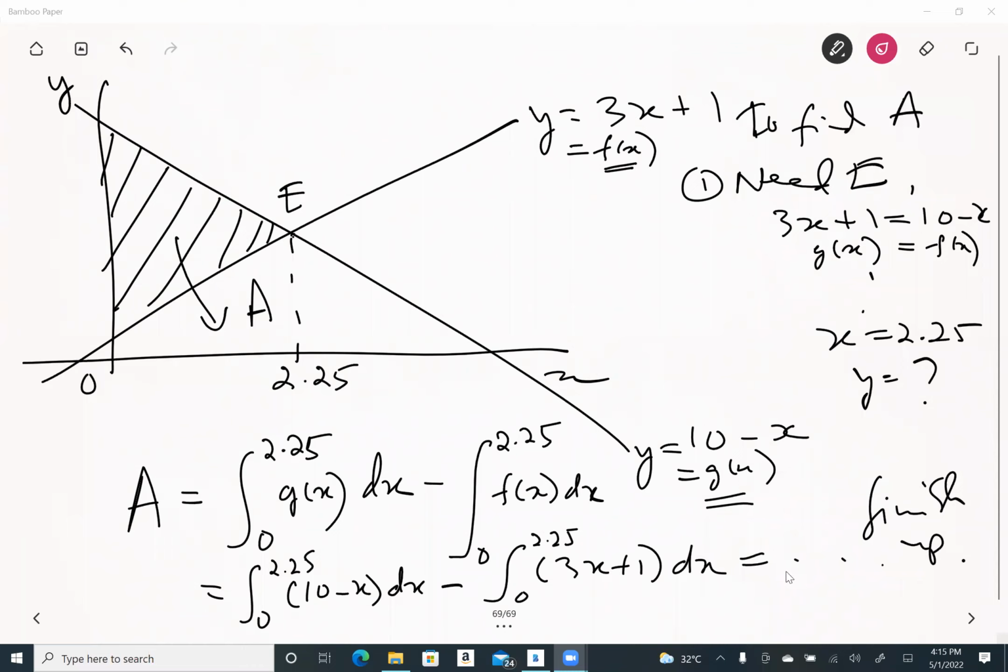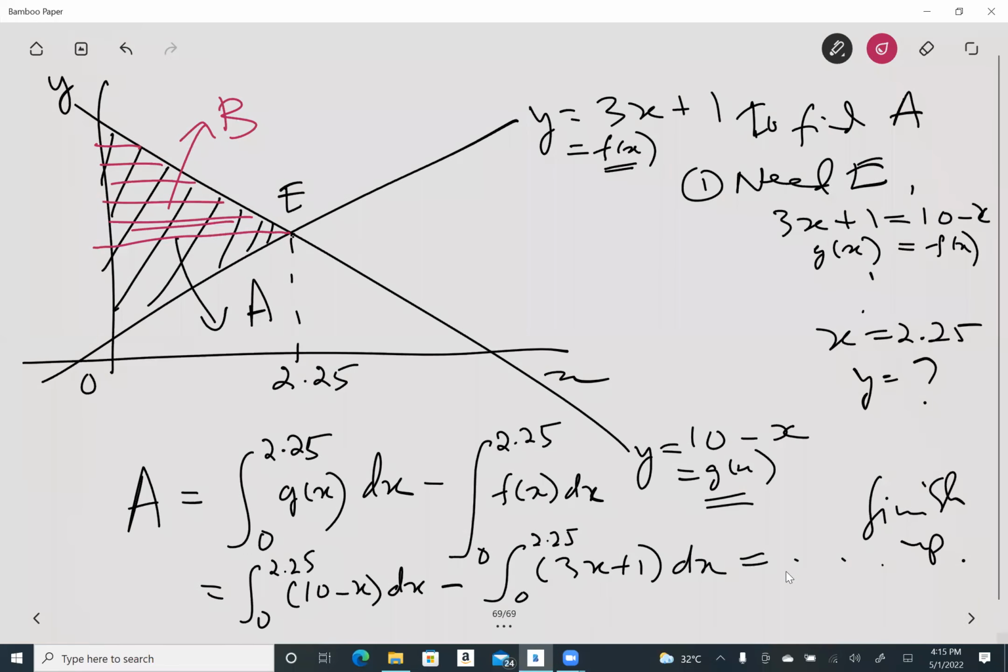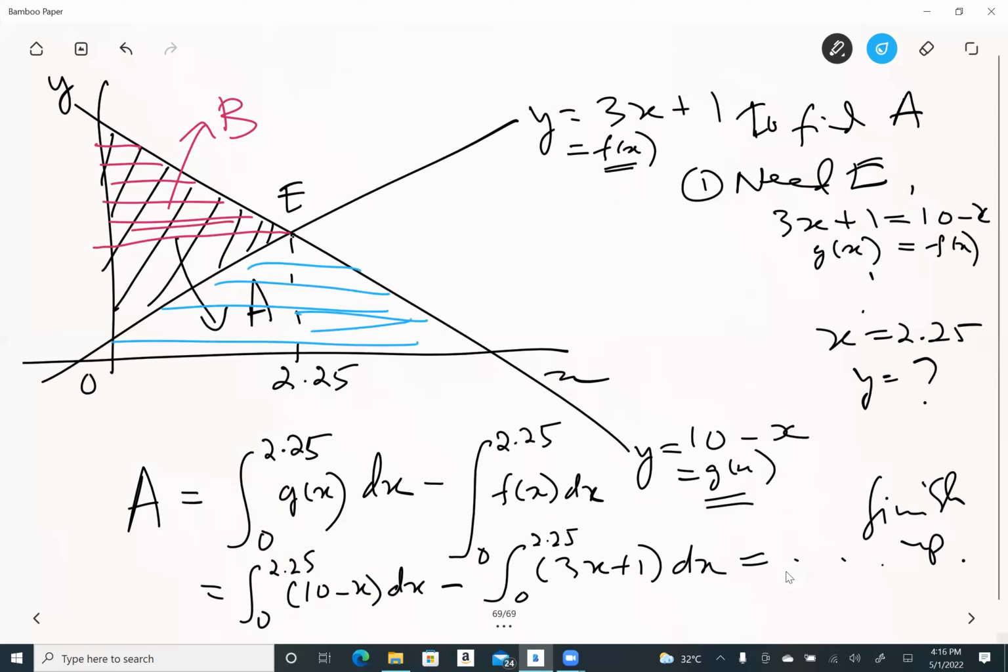Find that area, the area B. Another one is another area. Okay, good. So that is the example. Just do the other two areas.